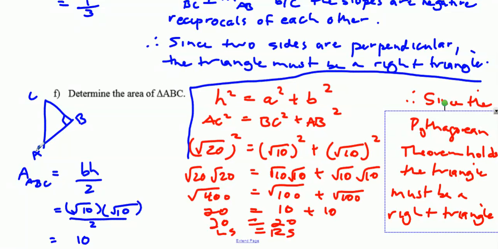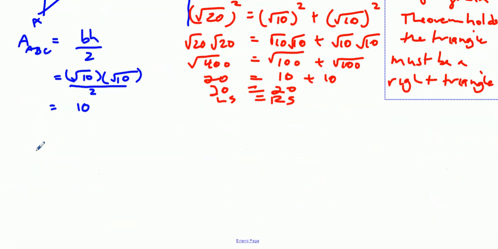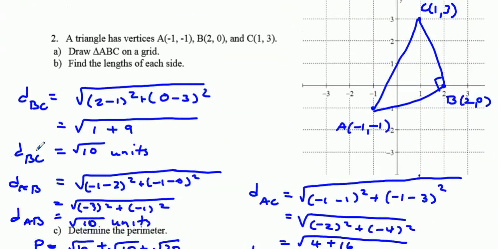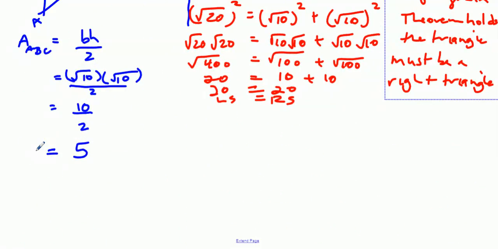So that's what we're really doing here. So we get 10 divided by 2, which is 5. And in this case, if we didn't know what the units were, which I don't believe we do, we would just use units squared here because it's an area. Okay? All right, so that's the area of ABC.